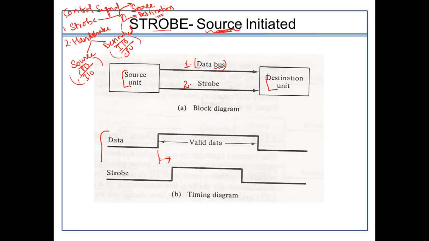That is why in the timing pulse diagram, the data is first made active, the clock becomes one here, and the valid data is provided. Then, after a little delay, the second timing signal, representing the strobe signal, is sent, which simply depicts that the source has sent the data to the destination. So this is how the source initiated strobe signal works.